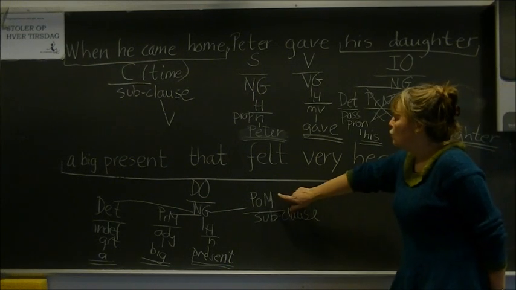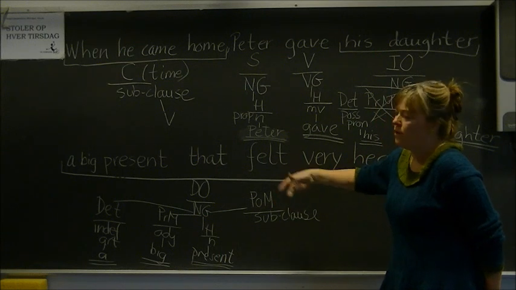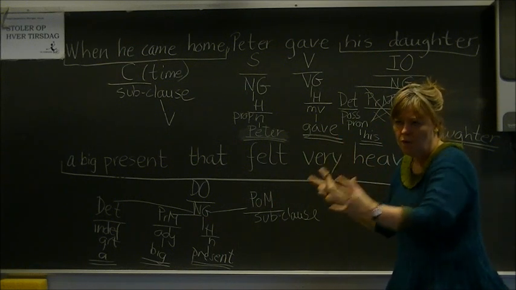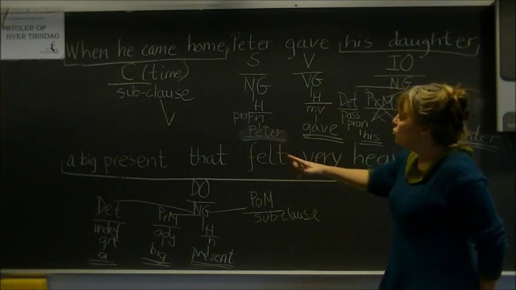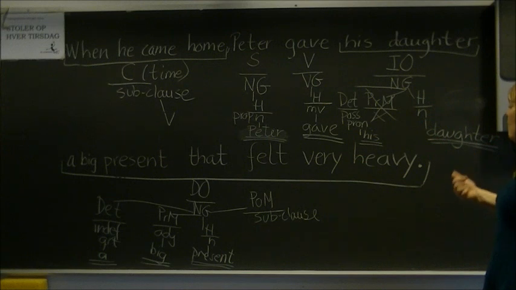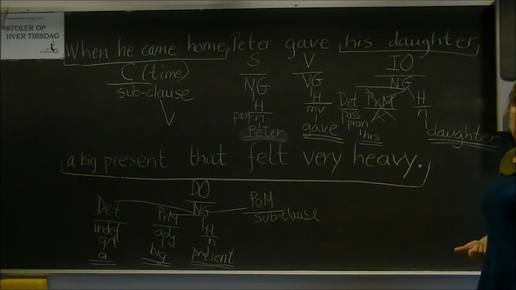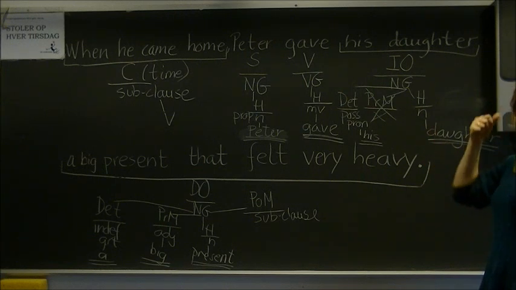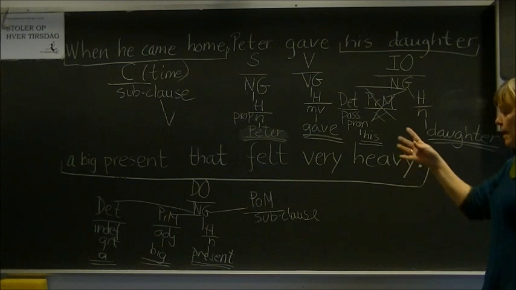Sometimes students find it difficult to understand why this belongs, if it doesn't help enough to say that all of it can be replaced by one word. But I could also move all of it together, so I could say a big present that felt very heavy was given by Peter, for example. So all of it belongs together when I move it to a different position, which also tells me that it's the same role.